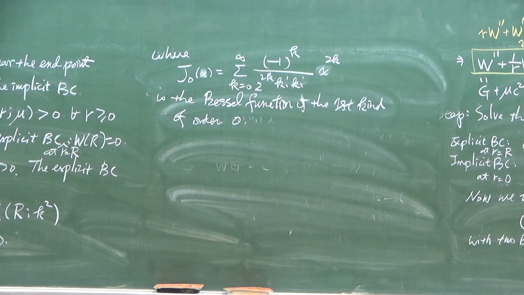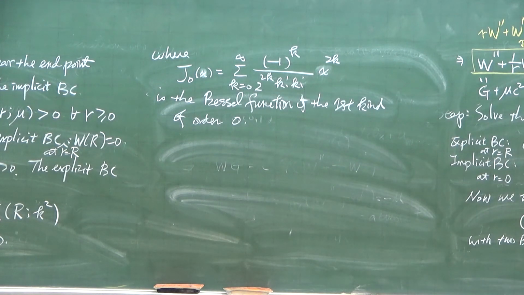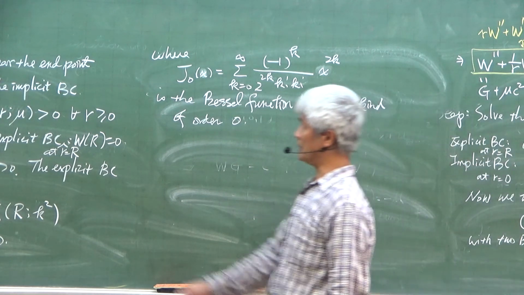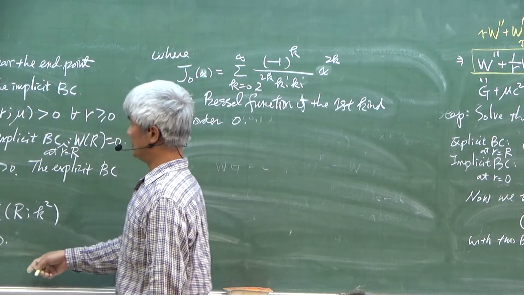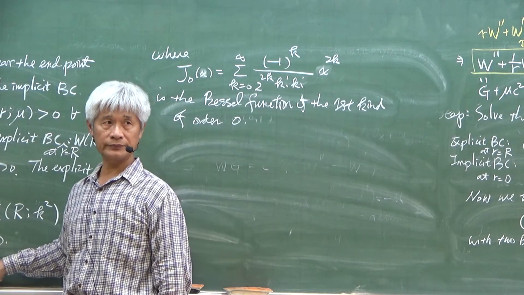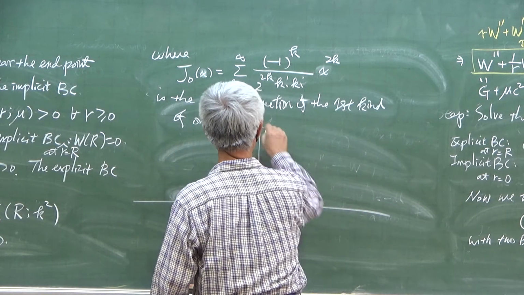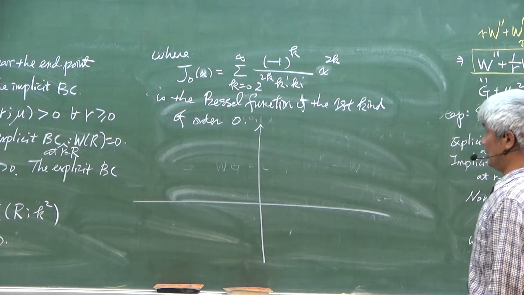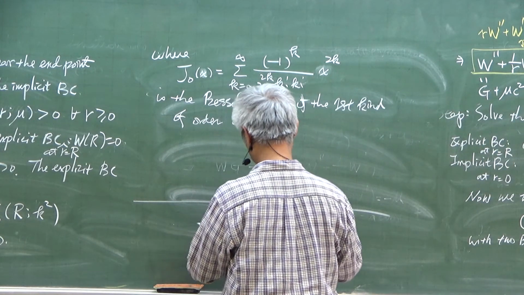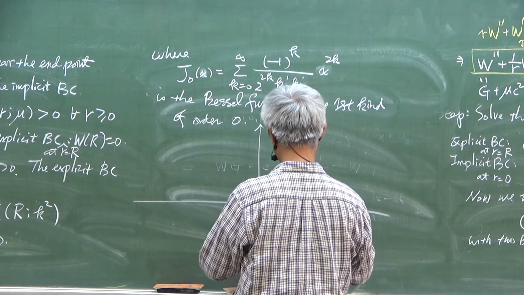Okay? Right? So this is the knowledge we get from the discussion of the Sturm-Liouville problem. So we know immediately that mu can only be positive, and so we set mu to be equal to k squared. Okay, so this constraint comes to this constraint. And we know the Bessel function of the first kind of order 0 looks something like that.